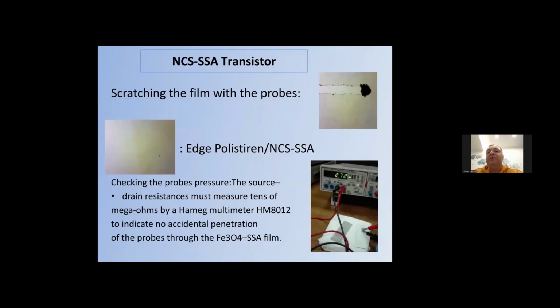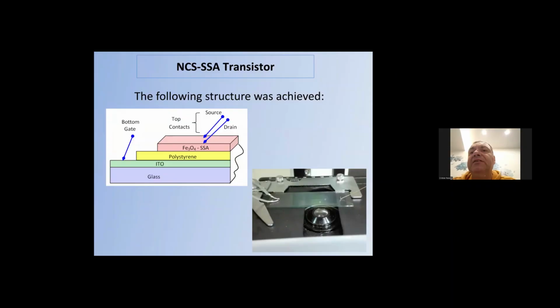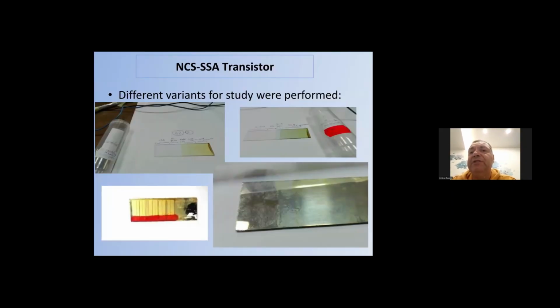Okay, there could be problems during this. What problems could appear during these measurements? Scratching of the film, because if we put probes on this few hundreds of nanometers that you see, it is still transparent, so thin that the film is transparent, as you see here.